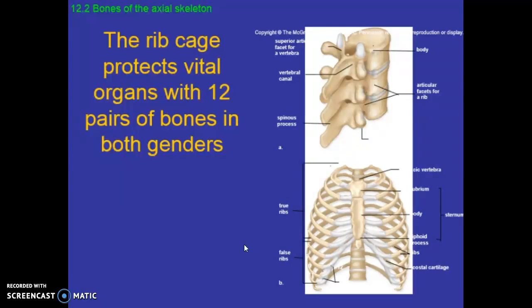All right, then looking at the rib cage. Looking at the bones of the axial skeleton, you have the rib cage that is going to protect the vital organs, with 12 pairs of bones in both genders.